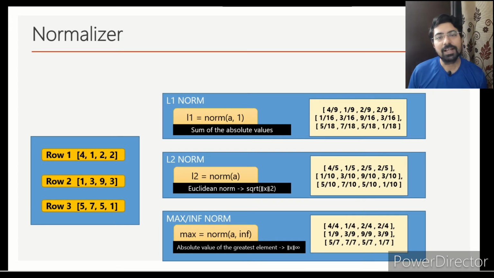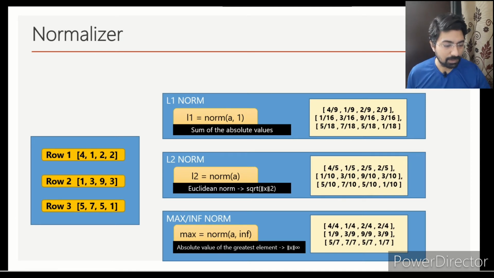The last option is the max norm, also called the infinity norm. In this normalization method, the maximum absolute value is used to divide all the features. Let me explain with row 3. We have 5, 7, 5 and 1.